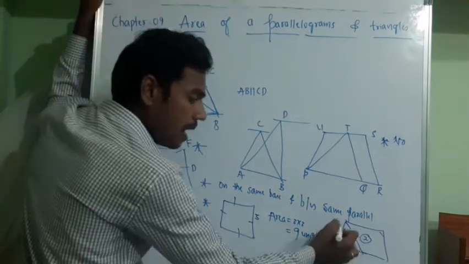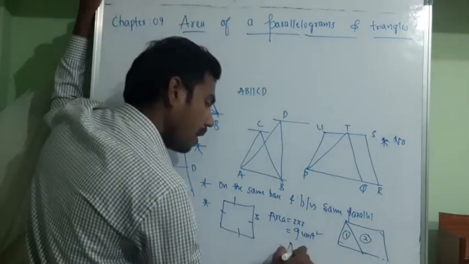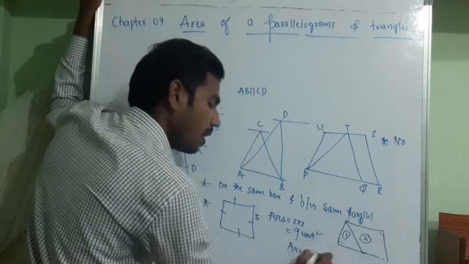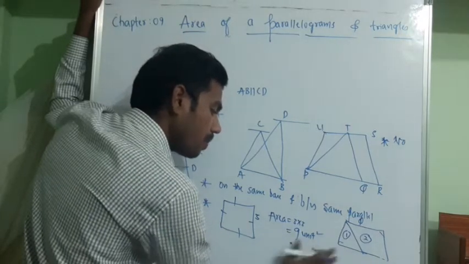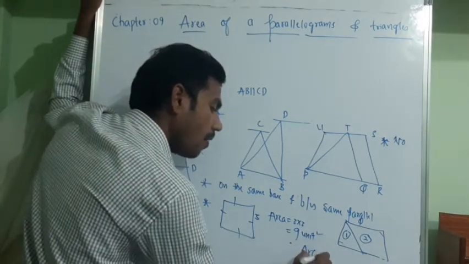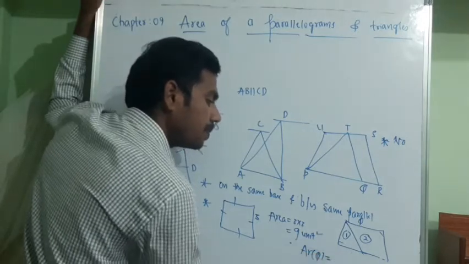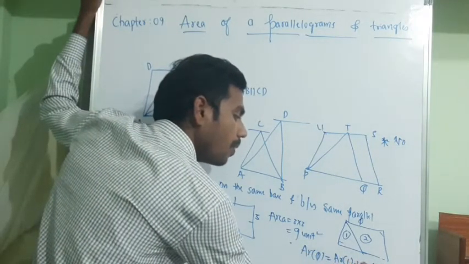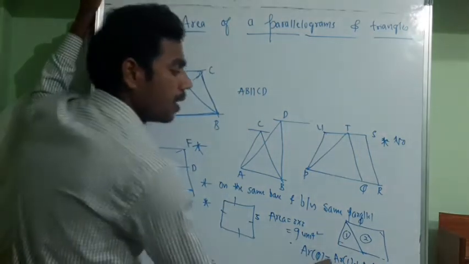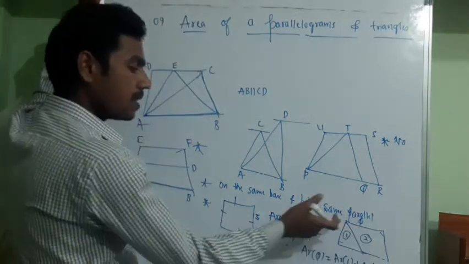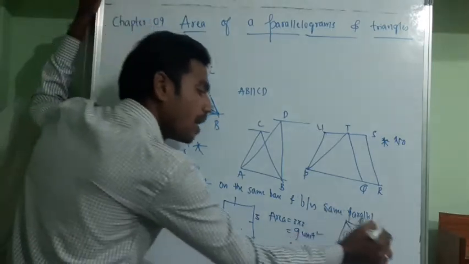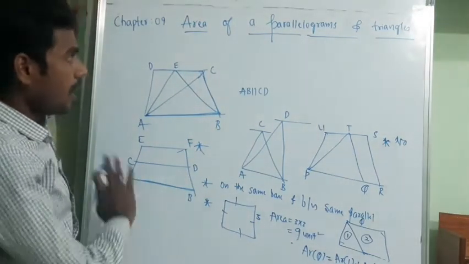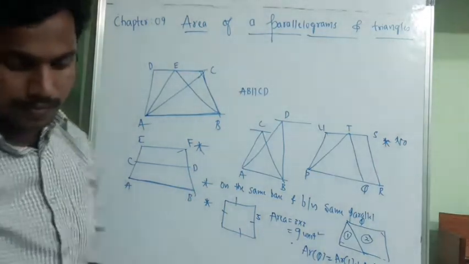So the total area of the figure, suppose Q is a figure, area of Q is equal to area of figure 1 plus area of figure 2. So the combination of area 1 plus area 2 will give the total area of this complete figure. Understood? Wait, I'll erase this and I'll give you notes.